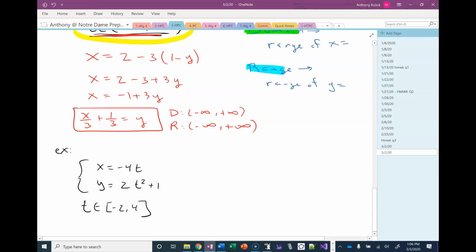Okay, let's say we have the function x equals negative 4t, y equals 2t squared plus 1, where t is on the interval negative 2 to positive 4. So if I want to get this into the Cartesian form, what do I need to do?